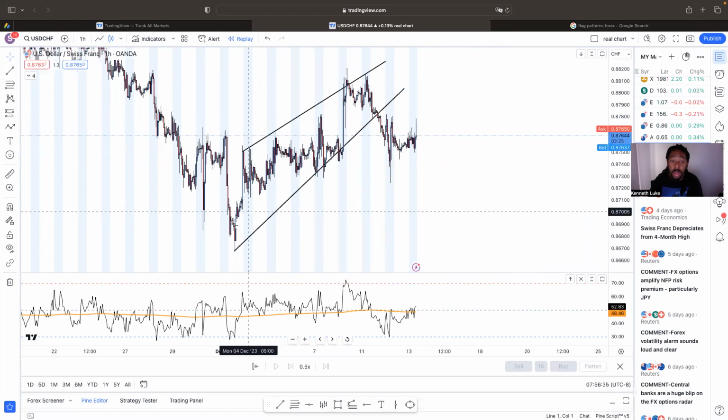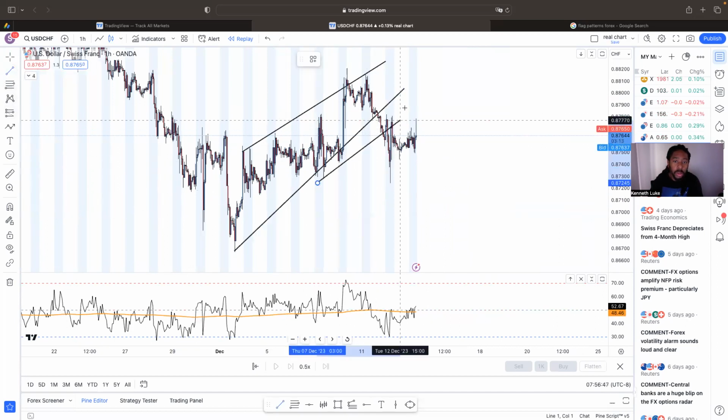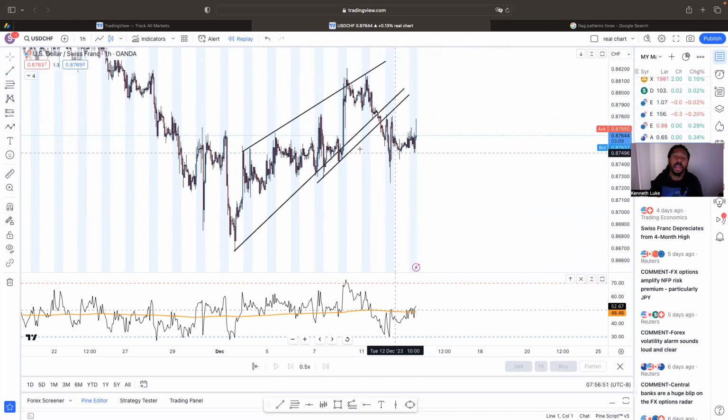But smart money waits on the break of this trend line. So the break of price not getting back to this point or this point or this point, and then going back up, that means that it's breaking this pattern.